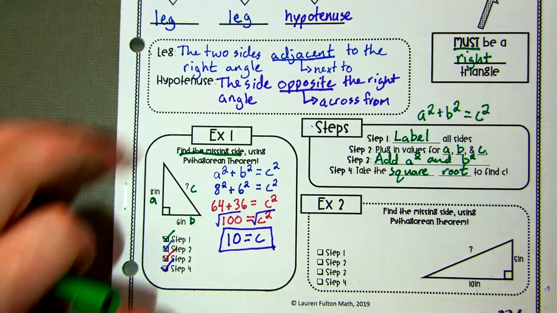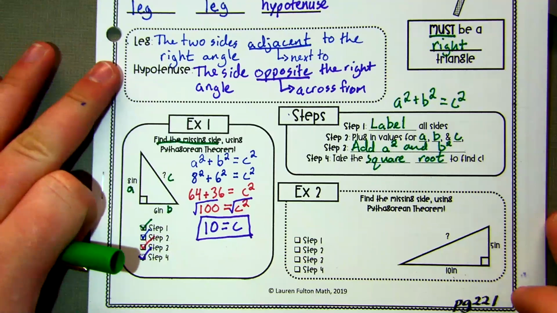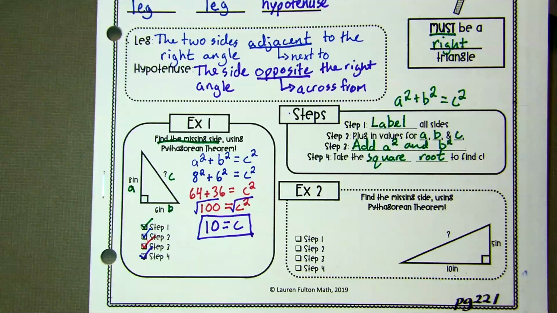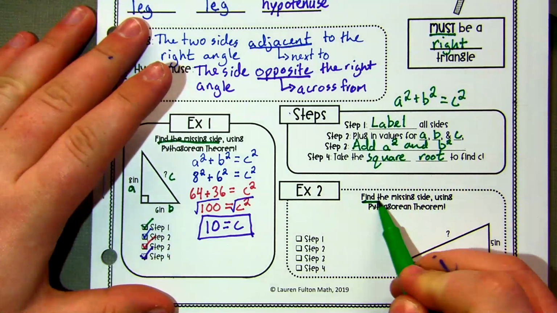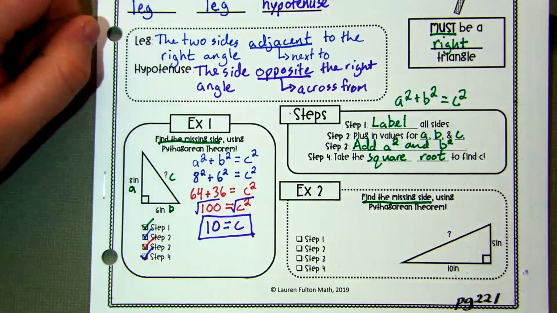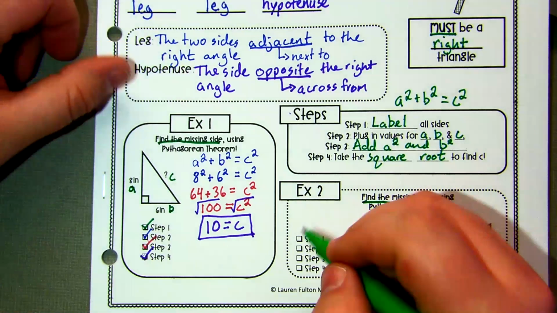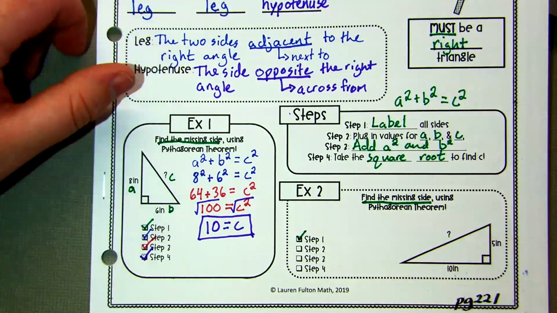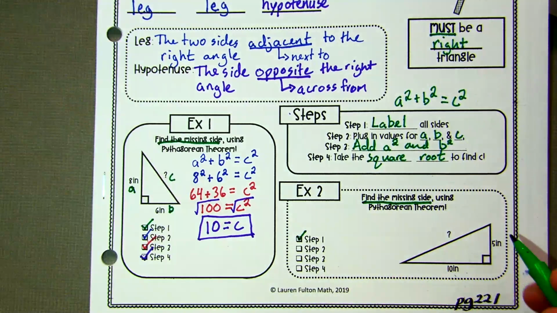So to hammer it in, we've got example 2 here. Example 2 asks us to find the missing side using the Pythagorean theorem. Like before, our first step, we're going to go around and label everything.